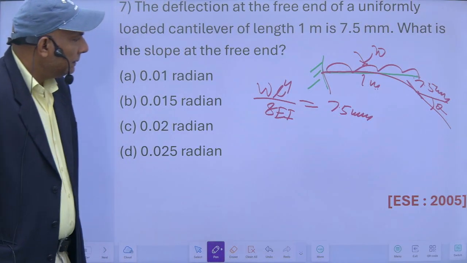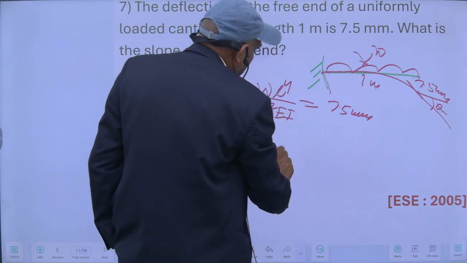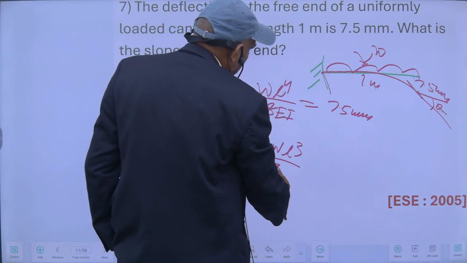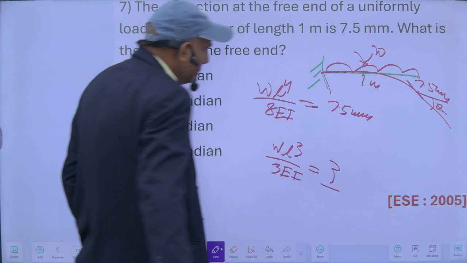The formula for the slope at this point is WL cube upon 3 EI.